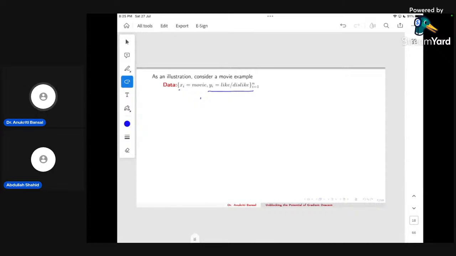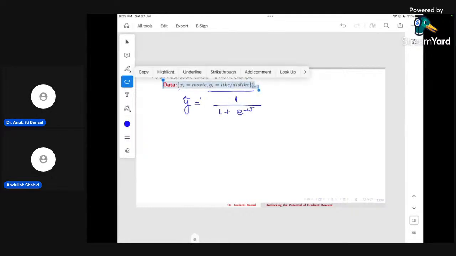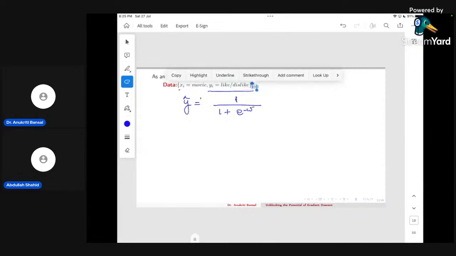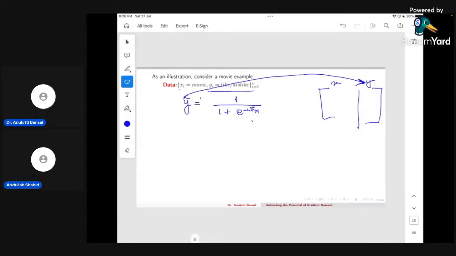Now here I'm taking this sigmoid activation function, 1 upon 1 plus e raised to minus w. Okay. So what is this? This is my x, this is my y. And what is my objective? We want this y hat to be as close as this y.